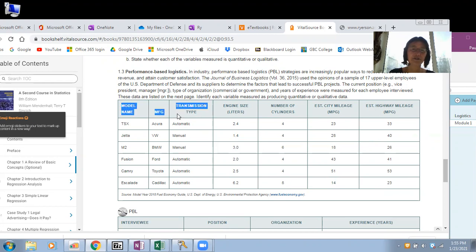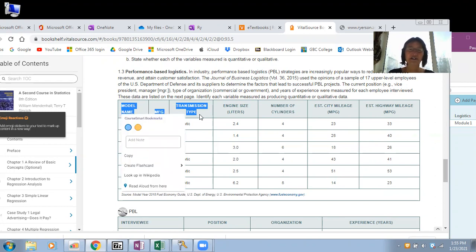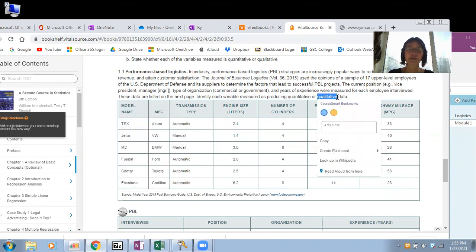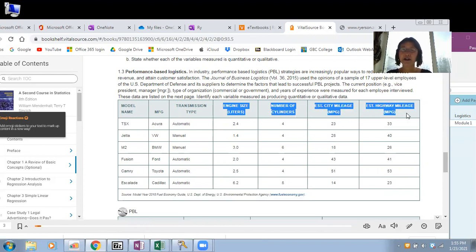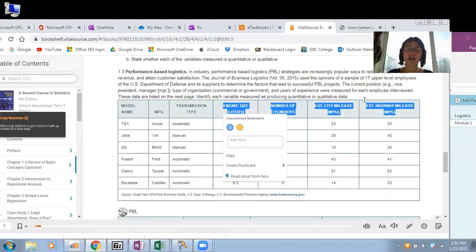So the first three columns are qualitative data. The first three columns is qualitative data. Okay. So after this column, engine size, number of cylinders, until estimate highway mileage, those are numeric values.